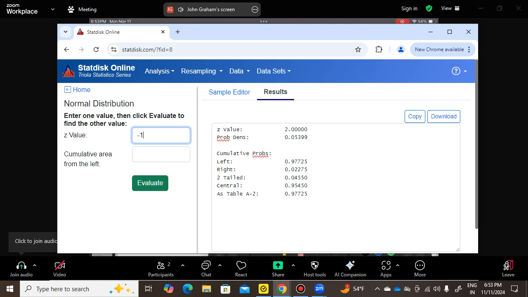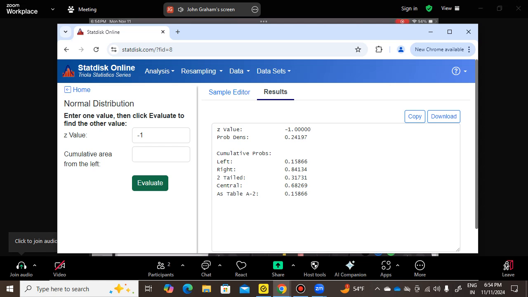For a z-score of negative 1, left is 0.15866. When we subtract, we get 0.81859.